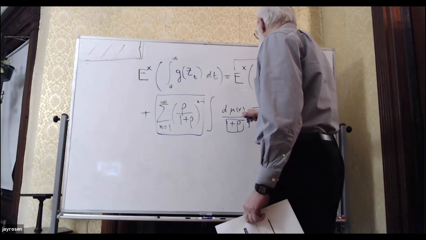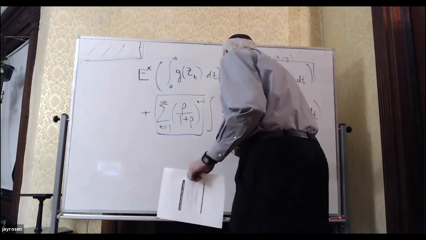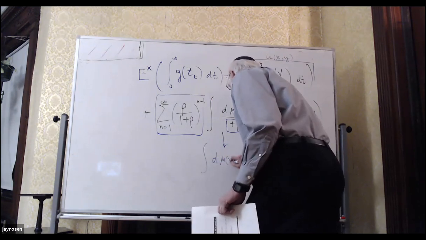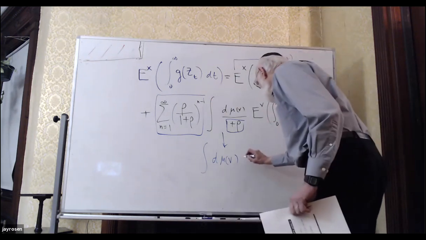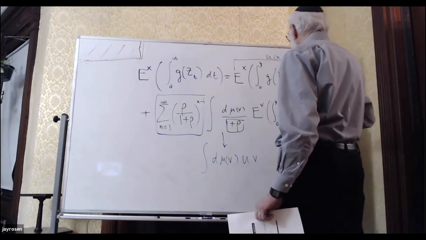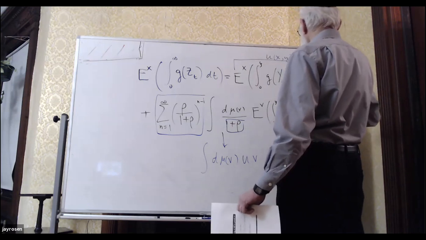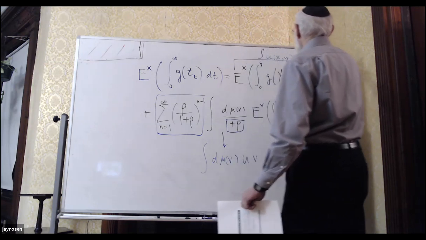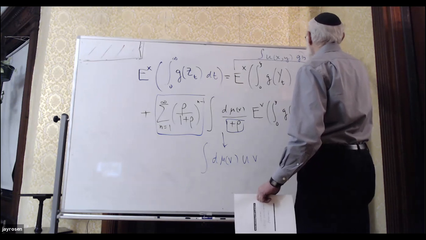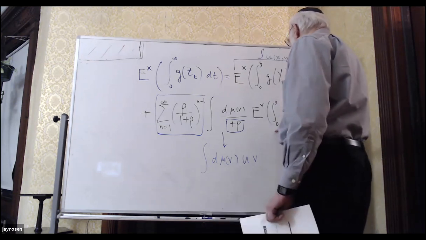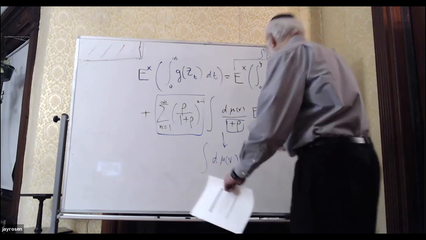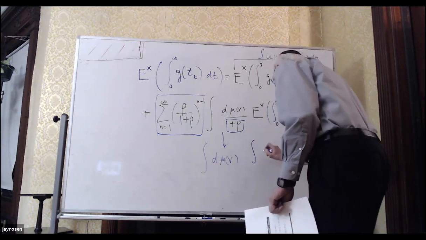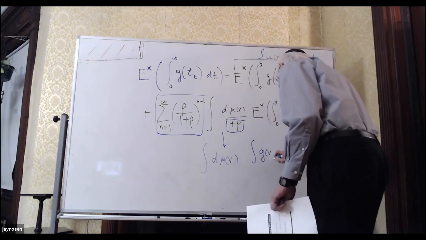So what I'm left with is the integral d mu of v, and this is the integral of u of x, y times g of y. Here, this is going to be the integral now of g of y times v of y dy.